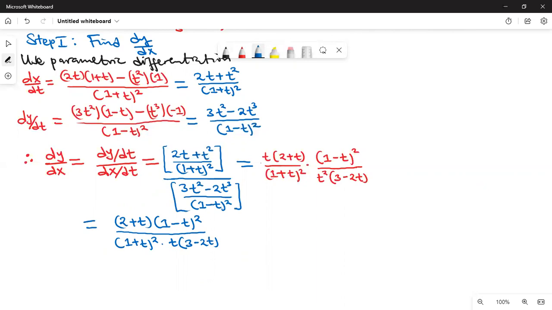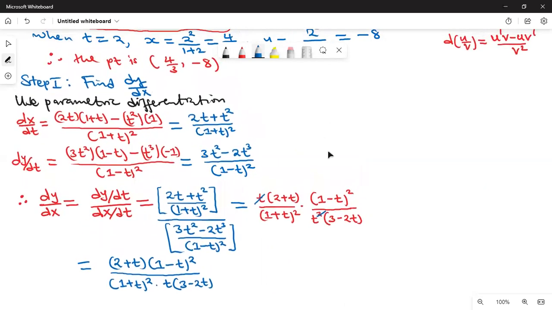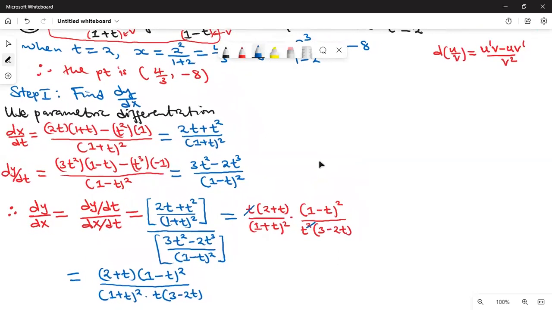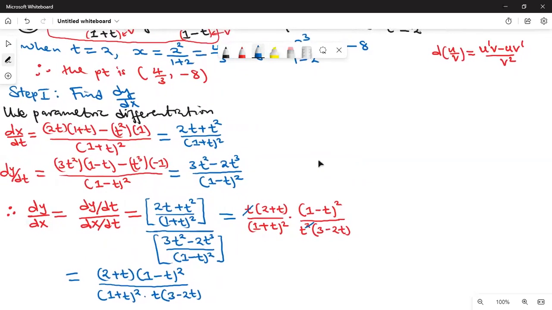What I've done is that this t has cancelled with one of the t's. So now that is dy/dx. That is step 1. We have managed to find dy/dx.